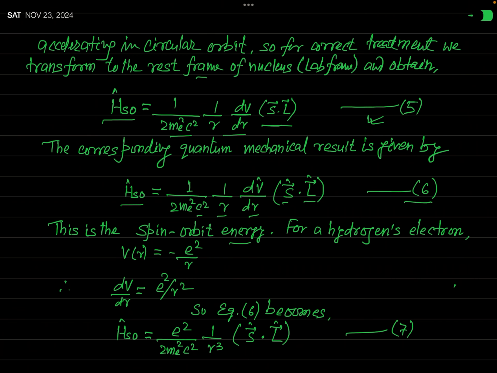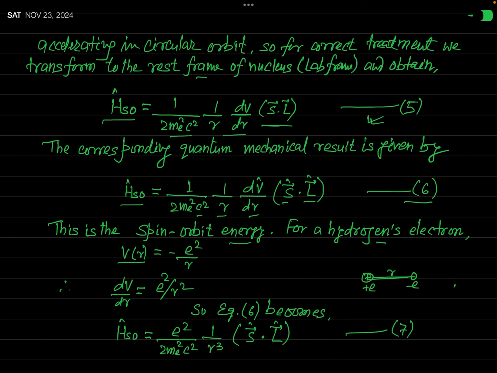And now we will particularly apply this result for the hydrogen atom, because our aim is to explain the fine structure of the hydrogen spectrum. So if you are talking about the electron of the hydrogen atom, then what is the value of this V of R? V of R is the potential energy, and in the nucleus of the hydrogen atom there is a proton having charge plus e. Here there is an electron whose charge is minus e, and both are separated by r.